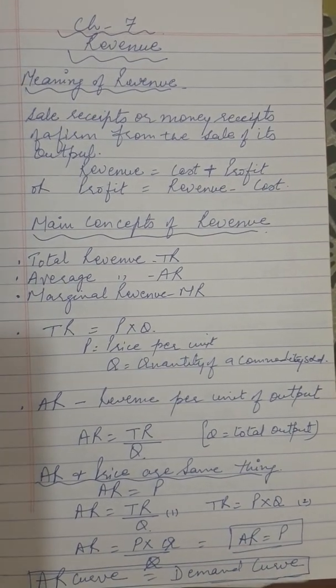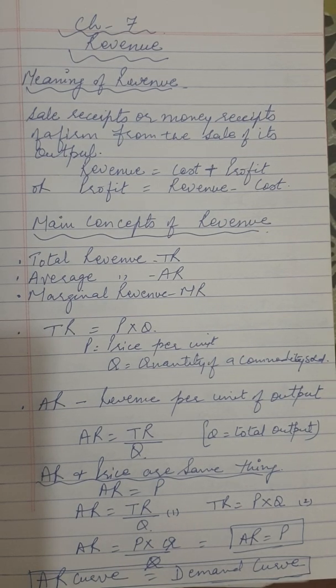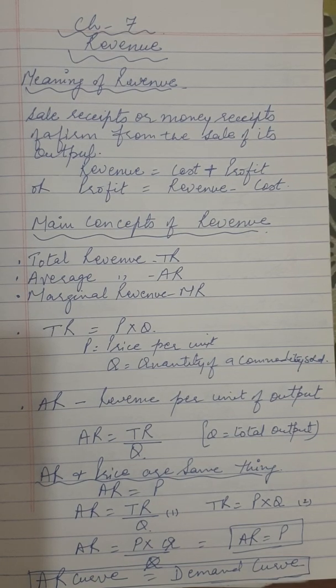Total revenue refers to the total amount received by the firm from the sale of a given level of output. It is the total amount which a firm receives from the output it has sold.